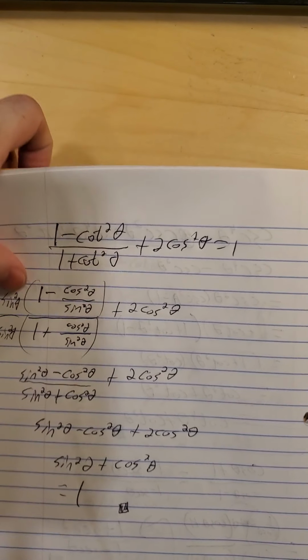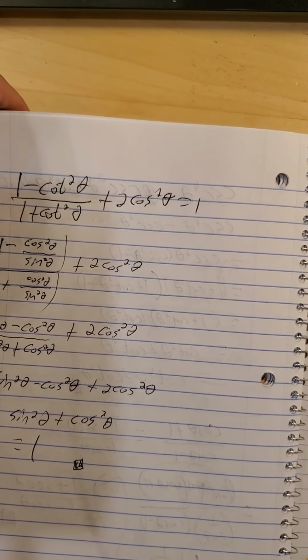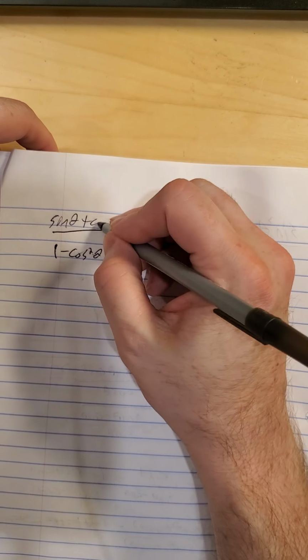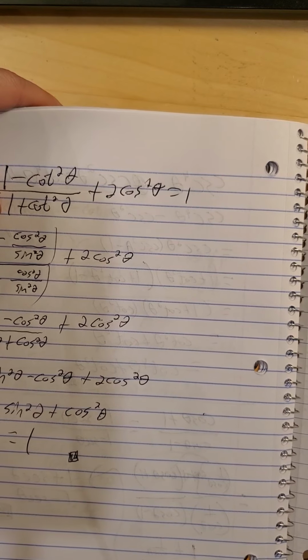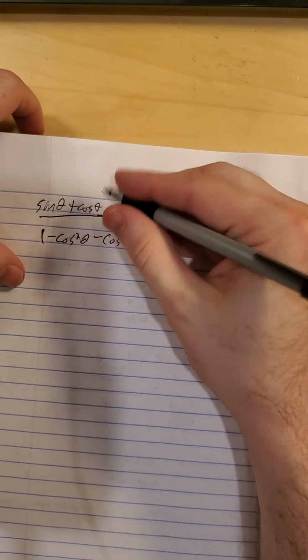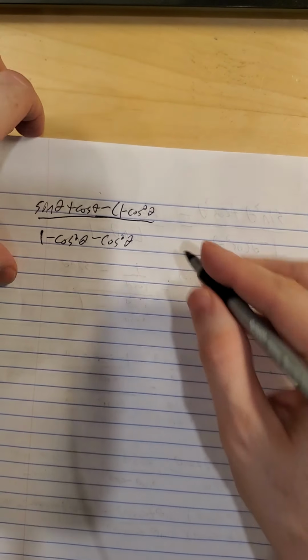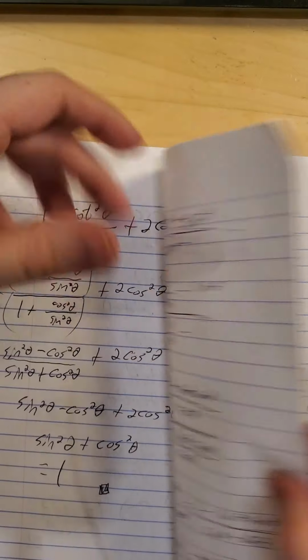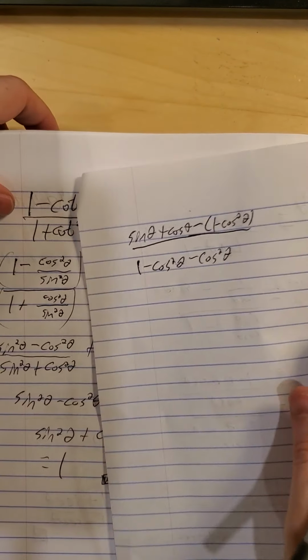I'll bring the cosine along as well. Instead of the sine squared, we'll do 1 minus cosine squared. And that sine squared was multiplied by a cosine.